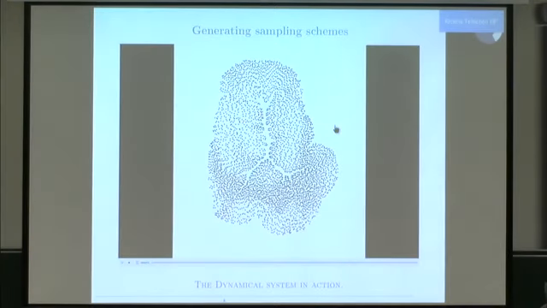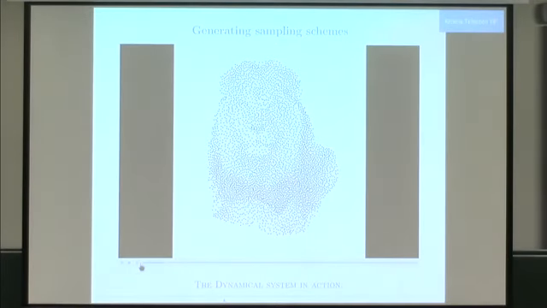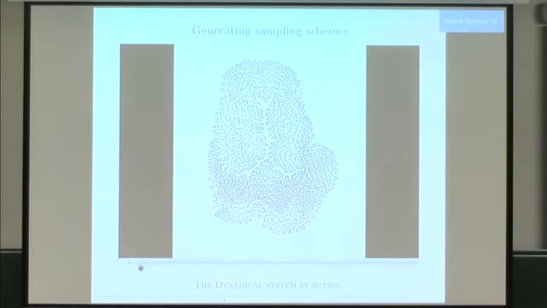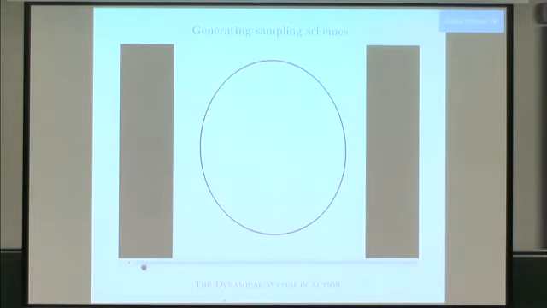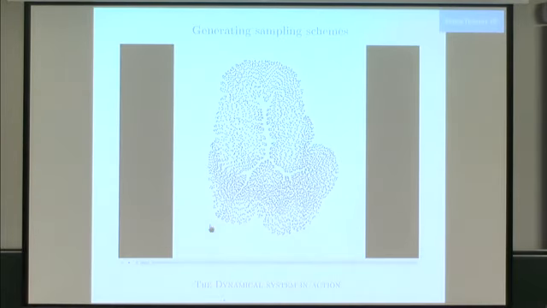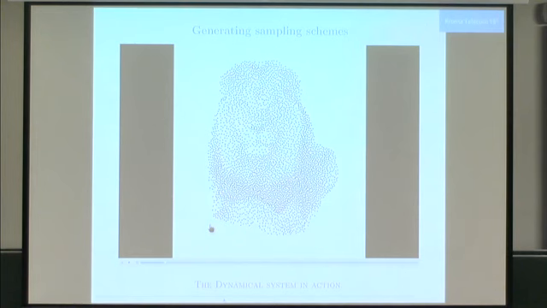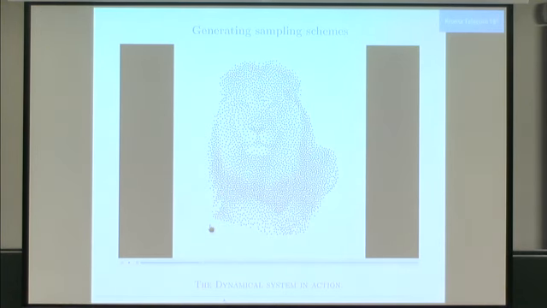Okay, so here is an experiment. We start from near arbitrary positions. I just put all the points on a circle, and then you let the ODE flow, and this is what you obtain after some time. Okay, that's the principle.